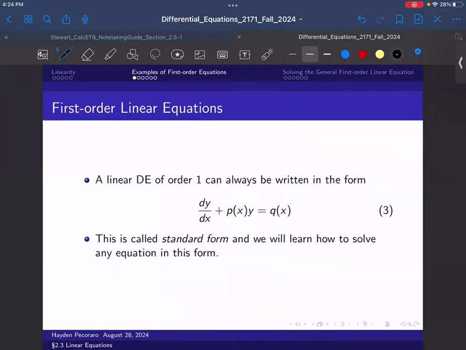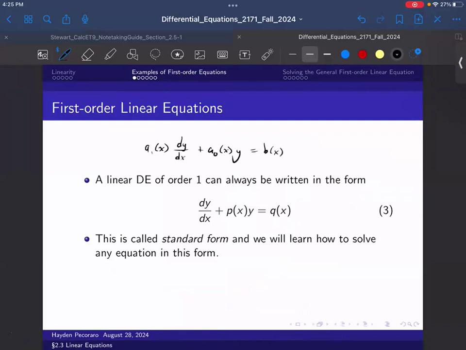Okay, so let me write something down here real quick. We had, in general, differential equations that looked like this, equals b of x. And then down here, I have something that's written a little bit differently.